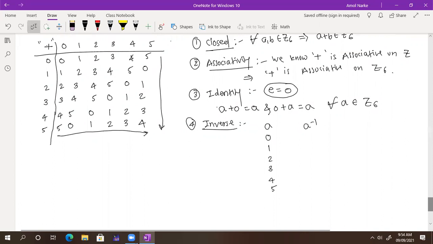Tell me, what is the inverse of 0? 0. Correct. What is the inverse of 1? Minus 1. Is minus 1 there? No. So whether it has an inverse or not?